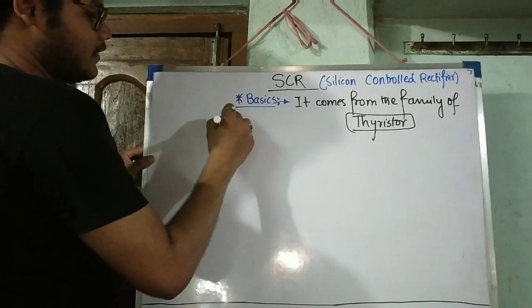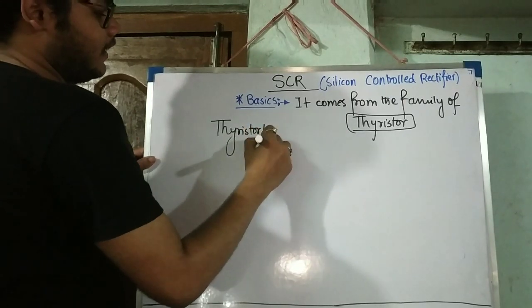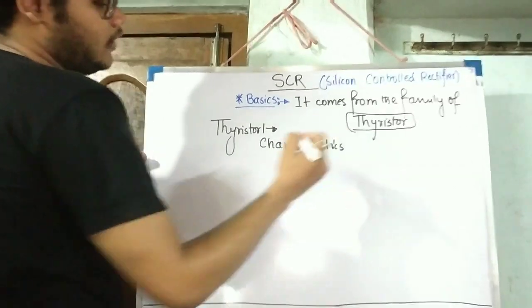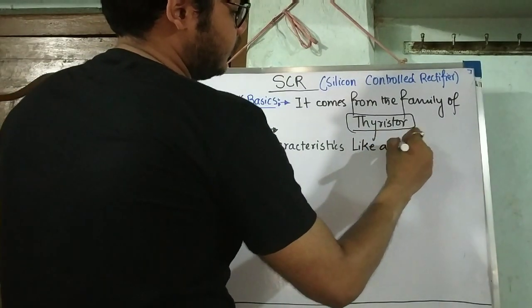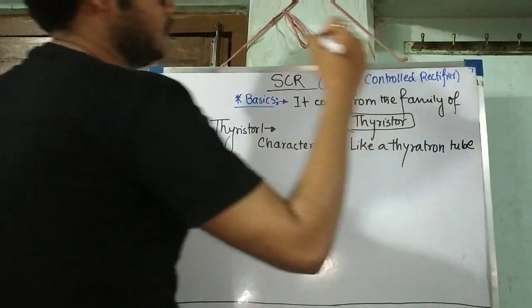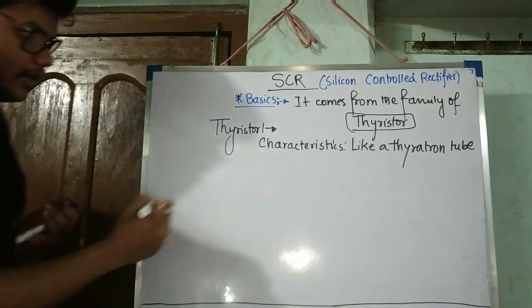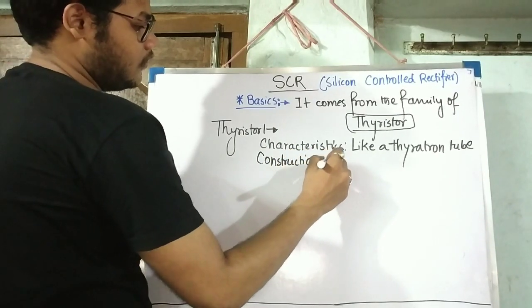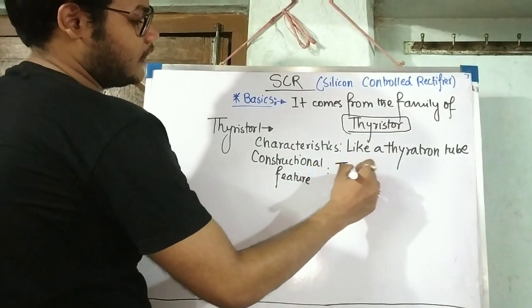What is a thyristor? A thyristor has the characteristics like a thyratron tube, and its constructional feature is like a transistor.